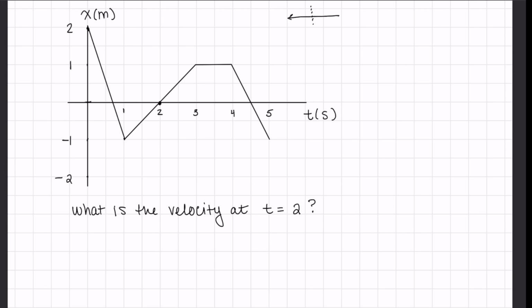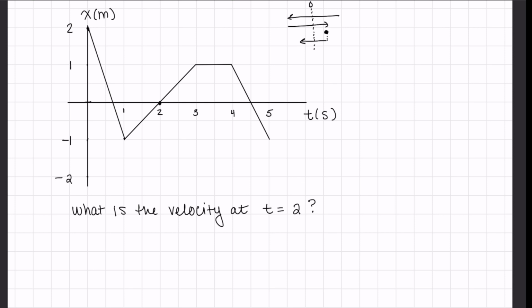The 0 is somewhere here, and then they switch and start going in the positive direction. They hang out there for a beat, and then they decide, oh no, I want to go back one more time. And then this is just where that reference line is.